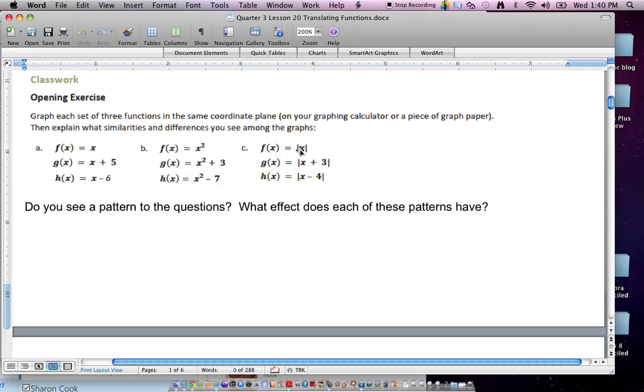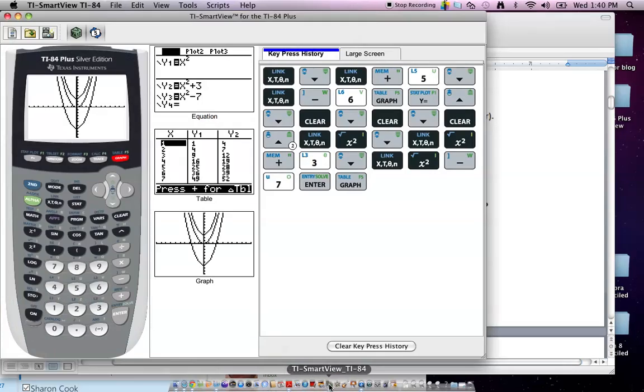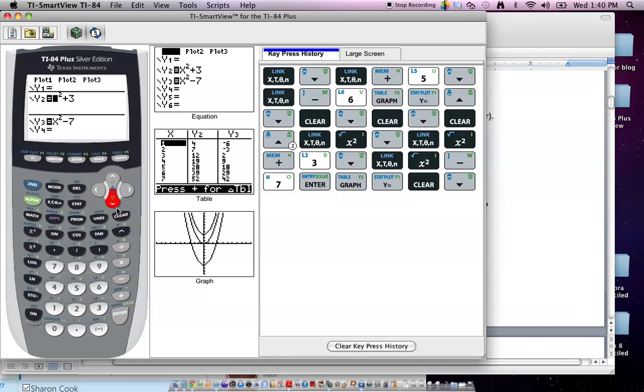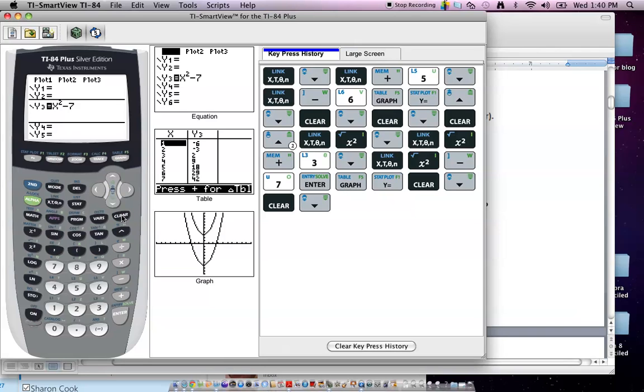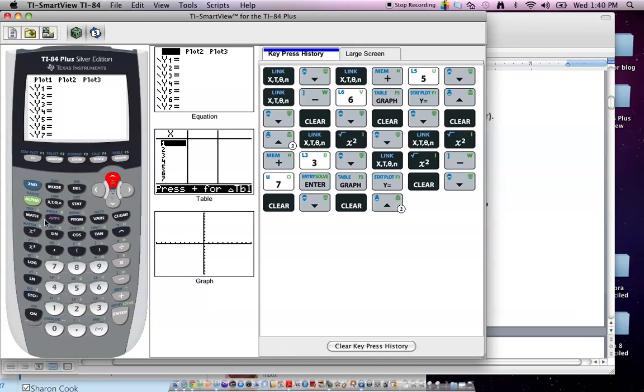But to remind you about how to do absolute value, you want to go to math, number, and then absolute value will be right there. On your calculator, there's a math button just underneath the green one. And then go across to number. You see it, NUM. And then you'll see absolute value is the first thing, and you can hit that, and the absolute value will come up. Of what?